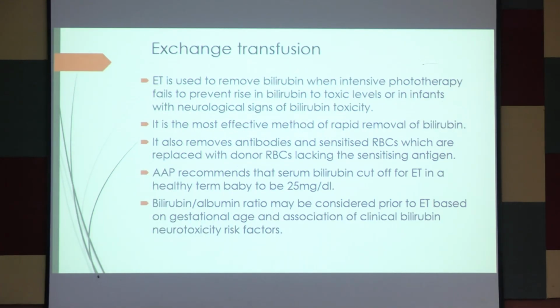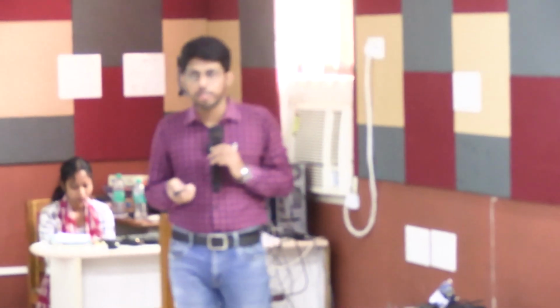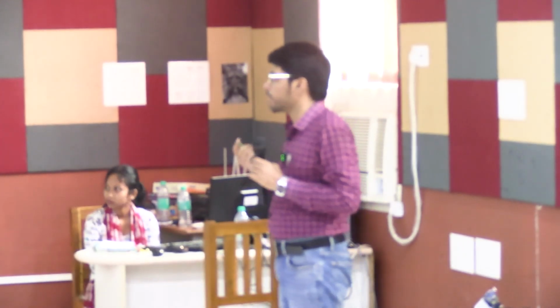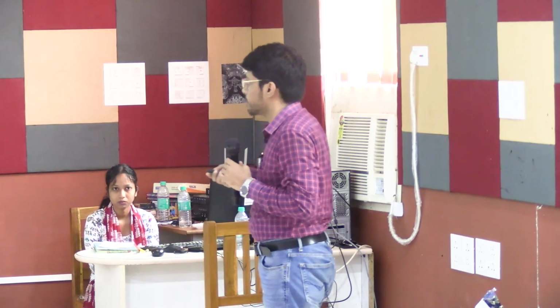Now, if the bilirubin level is very high, then phototherapy is not that effective. In those cases, exchange transfusion will be done. Now, exchange transfusion is the most effective method of rapid removal of bilirubin. Phototherapy is the most common and non-invasive method, but when bilirubin level is very high, we have to remove bilirubin very rapidly, and that is why we need exchange transfusion.